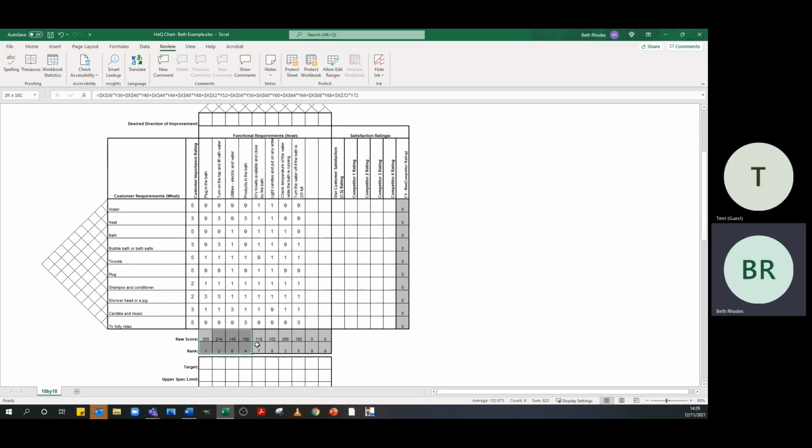Okay, so if we have a look at our ranks and scores at the bottom now, the most important thing we are saying is the plug in the bath. The second most important thing is turning on the tap and filling it with water. The third most important thing is checking the temperature as we fill the bath.